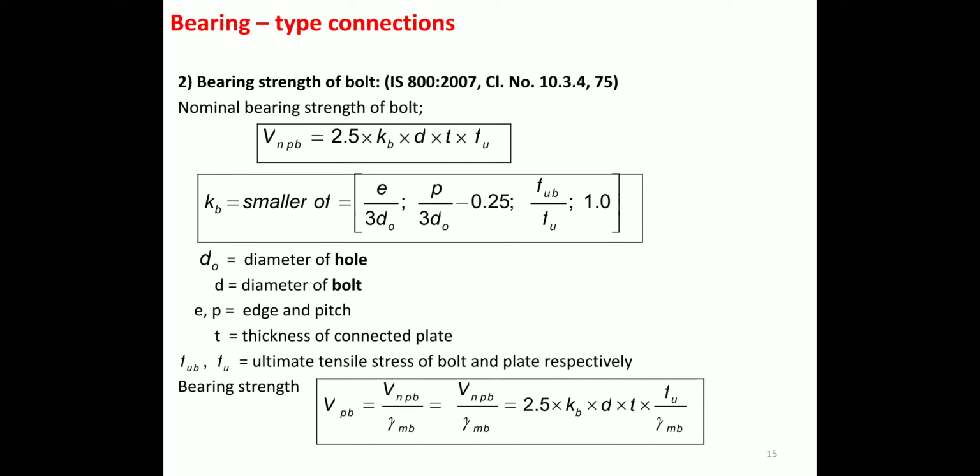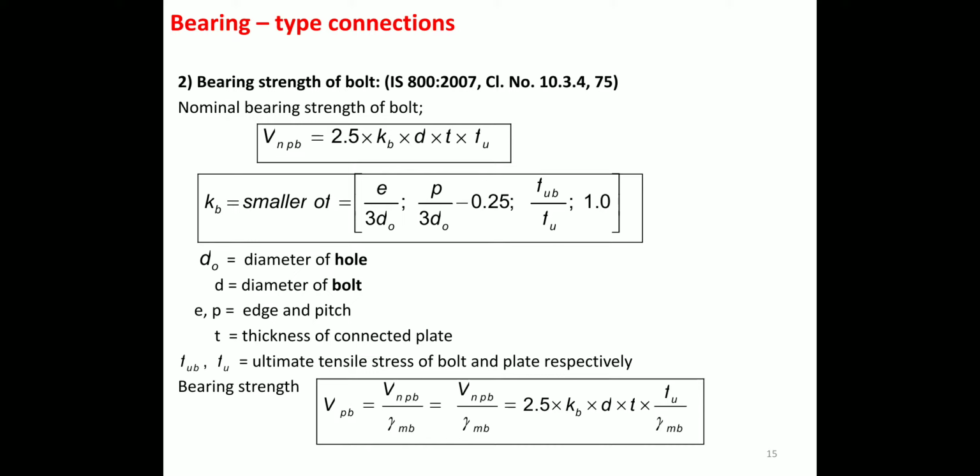The first criteria under this constant KB is E divided by 3 D0, where E is the edge distance and D0 is the diameter of hole. Second criteria, P divided by 3 D0 minus 0.25, where P is the pitch.